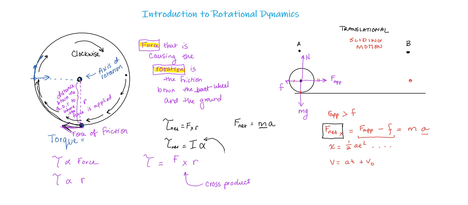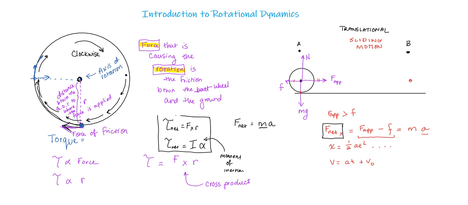This is the point at which many students go, oh my gosh, this is so confusing. Moment of inertia. I'm going to show you in the next video why the moment of inertia and this cross product are really not that confusing at all. They actually have a lot of common sense embedded in them, and we'll learn exactly how to do that.